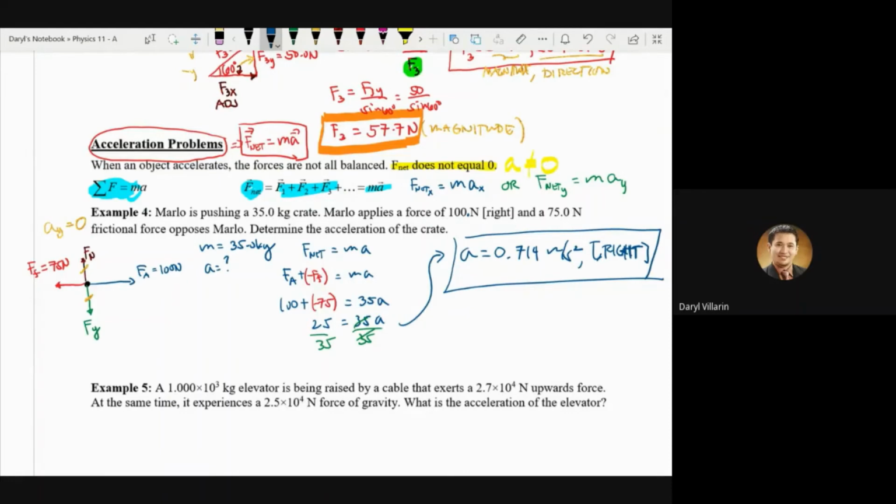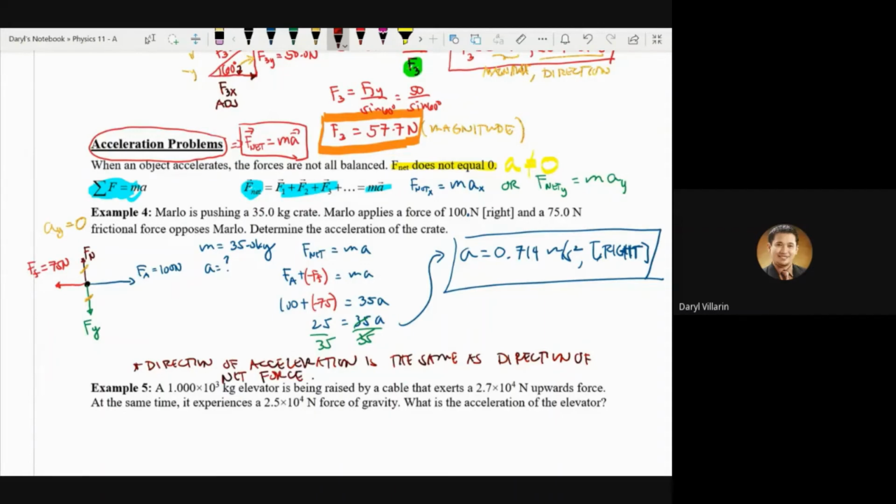Remember that Newton's second law tells you that the direction of acceleration is the same as the direction of net force, and vice versa.